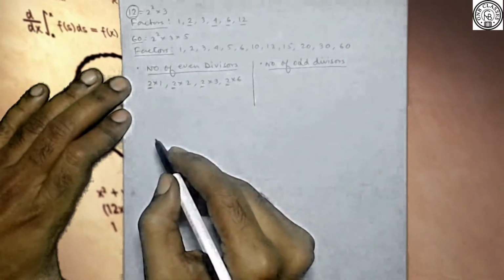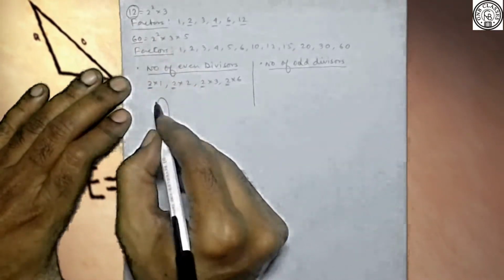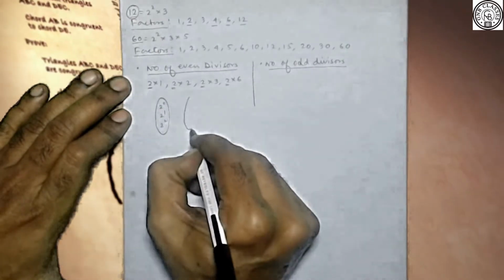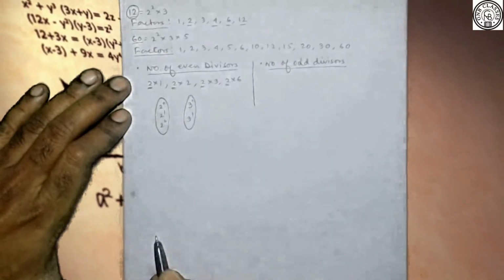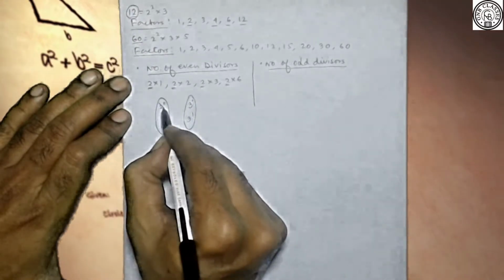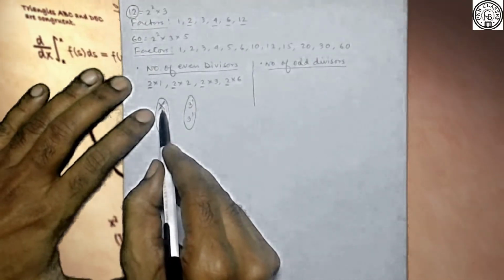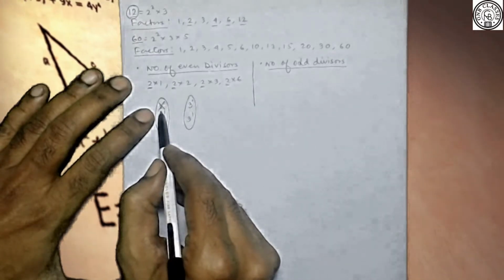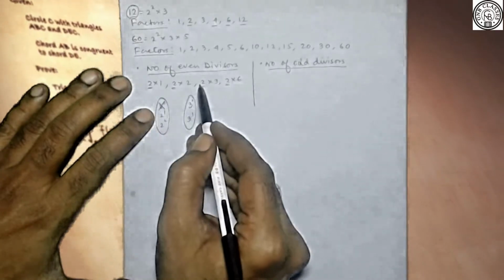Now how to say it mathematically? For this 12, in the first set we have 2 to the power 0, 2 to the power 1, 2 square. And in the second set for 3 we have 3 to the power 0 and 3 to the power 1. But here we will reject 2 to the power 0. We will not consider 2 to the power 0 while calculating the divisor, because if 2 to the power 0 is there, then there will be no factor 2 in that divisor.